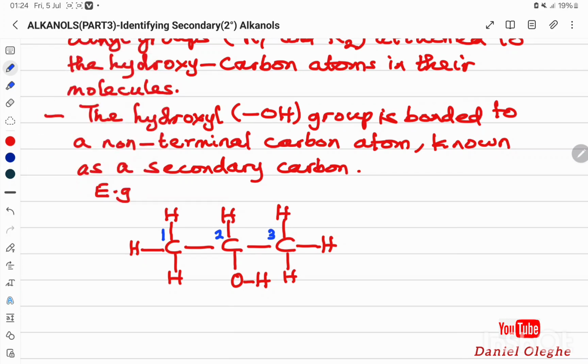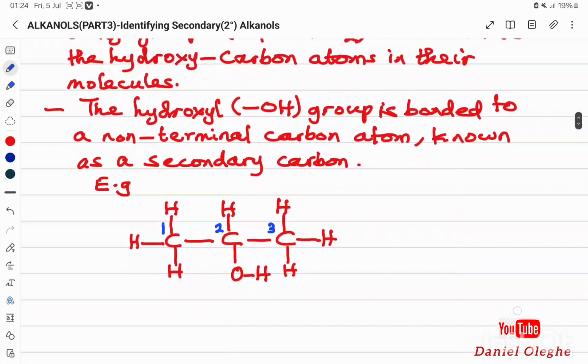The first and the third carbon atoms in this carbon chain are terminal carbons, while the second carbon is the non-terminal. So we have only one carbon in between the terminal carbons, and that carbon atom, which is carbon number 2, is referred to as a non-terminal carbon atom.